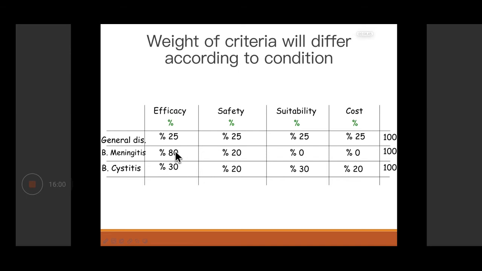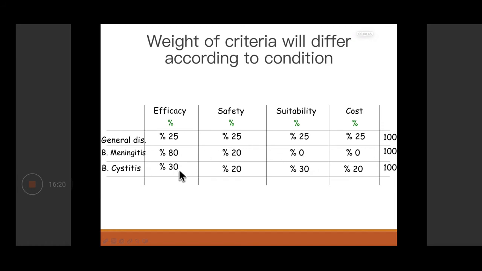So for a disease like bacterial meningitis, you would have to give a very high weight to the efficacy, probably 80% or maybe 70%. And here safety will be even reduced. Suitability and cost won't matter much because it is a life-threatening disease and it has to be dealt with immediately.